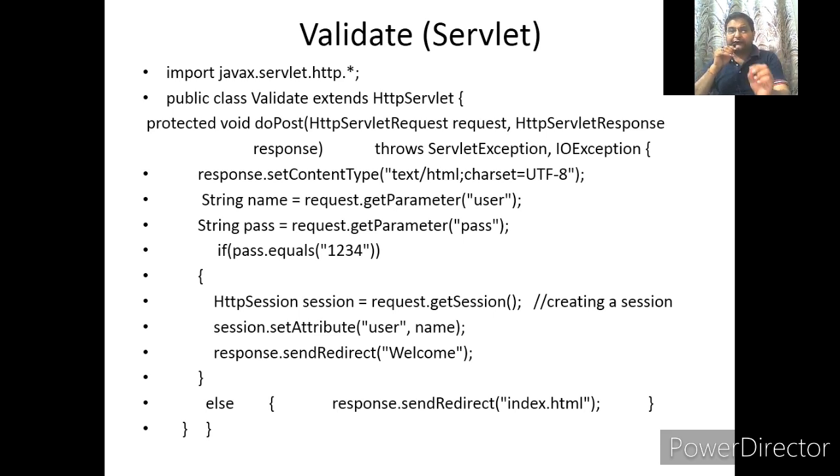We can store both the values, but in this example we are saving only the username, and that is saved with the help of the setAttribute method, and this user value is stored in the session object.